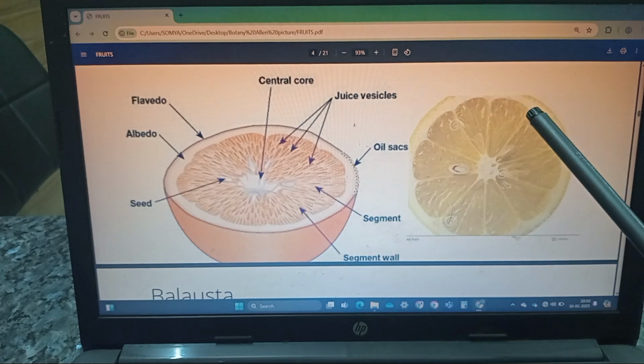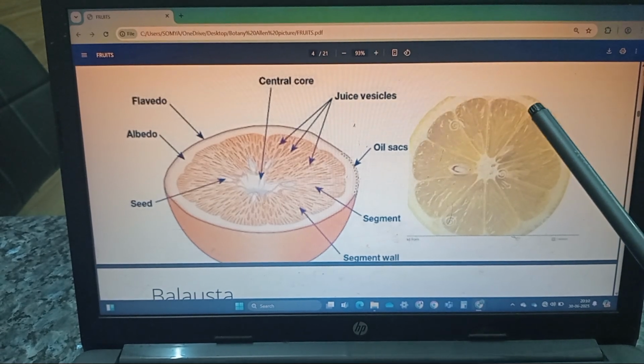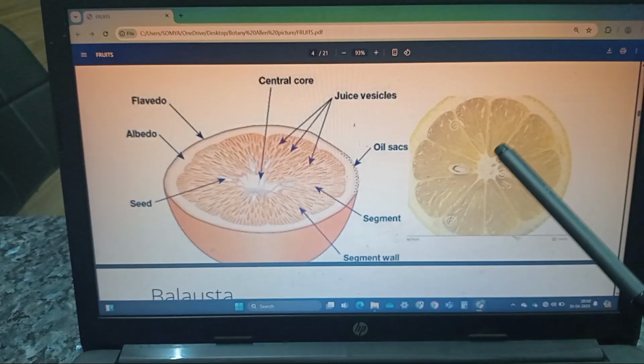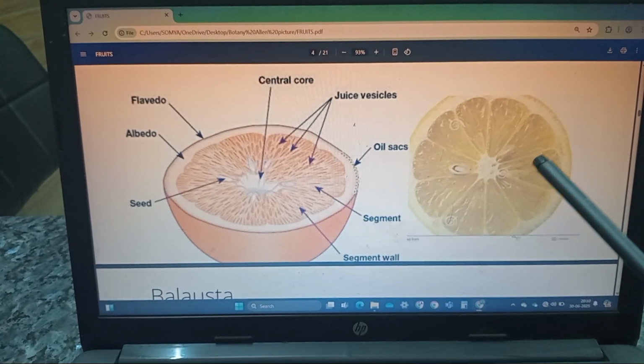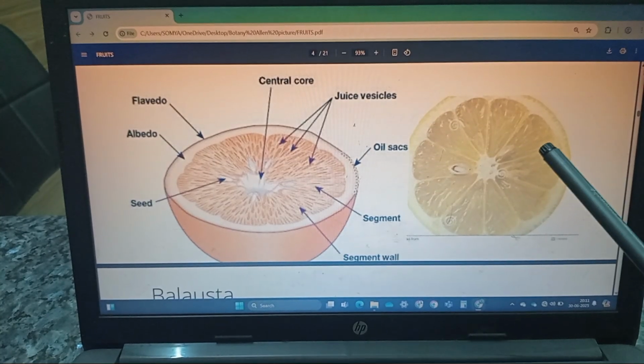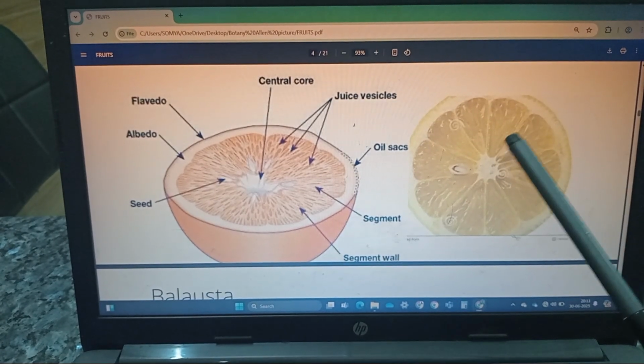From the pericarp, the mesocarp is fleshy, which has ingrowths. This is mesocarp, and then they have hairs. What we take as juice is from the glandular juicy hairs of the Hesperidium. So orange and lemon are Hesperidium.